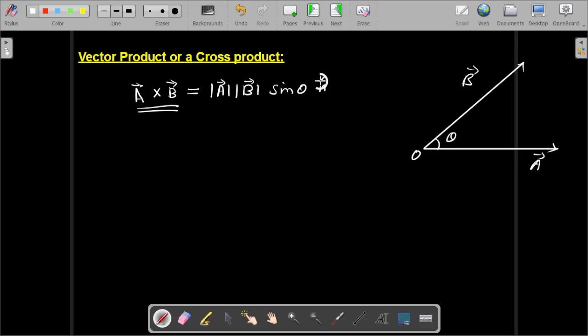So there will be one unit vector associated with this value.